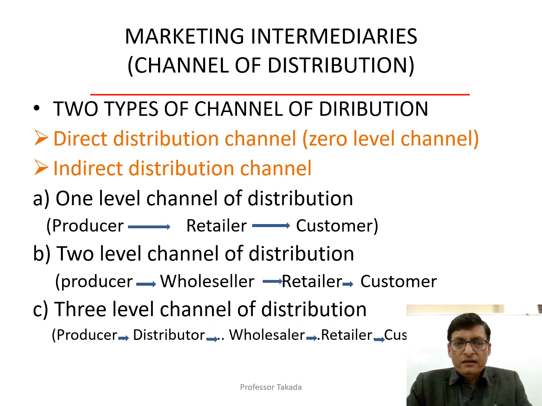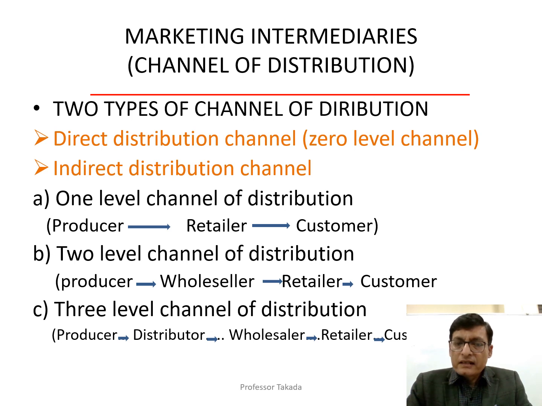There are two middlemen between the producer and customers. Who are these two middlemen? The wholesaler and retailer. The producer produces the goods and gives them to the wholesaler. The wholesaler gives them to the retailer, and from the retailer, the customer purchases the goods.